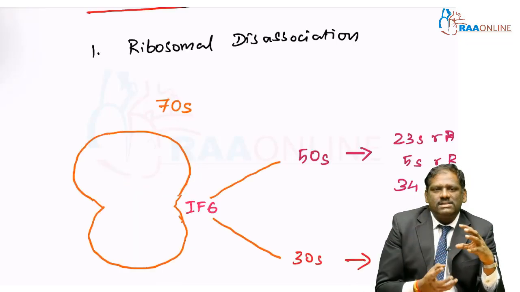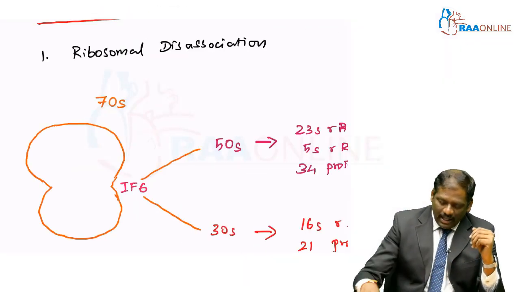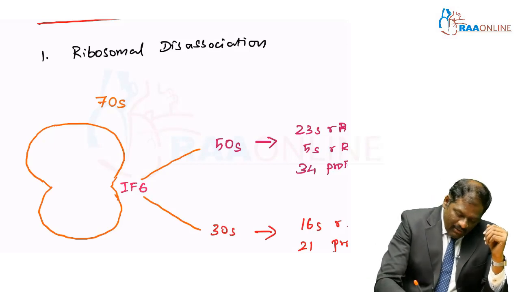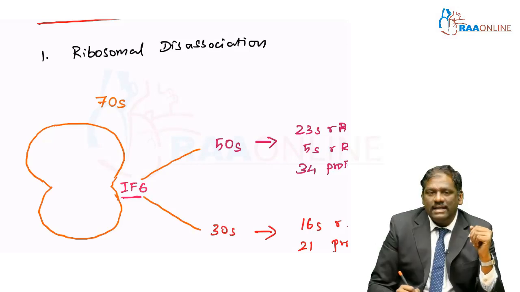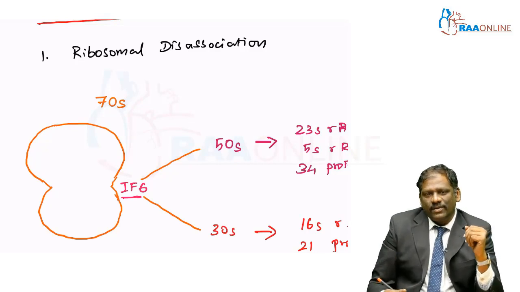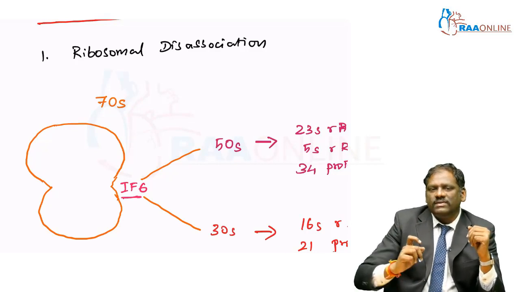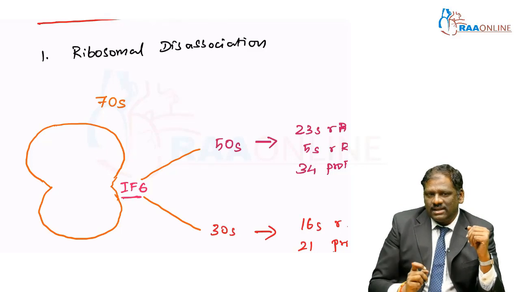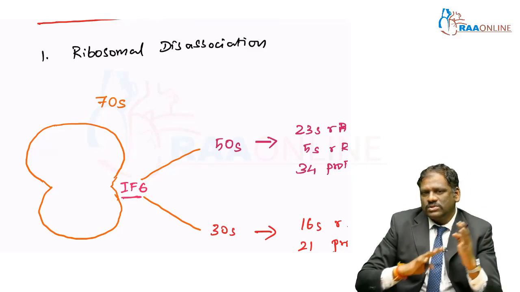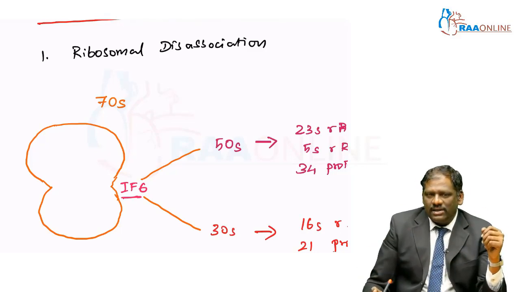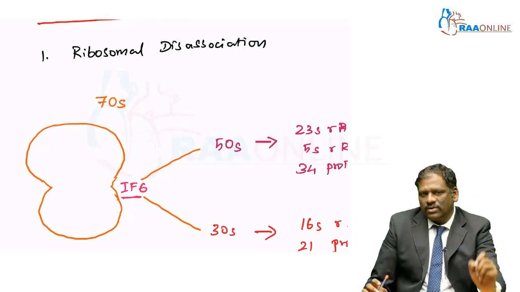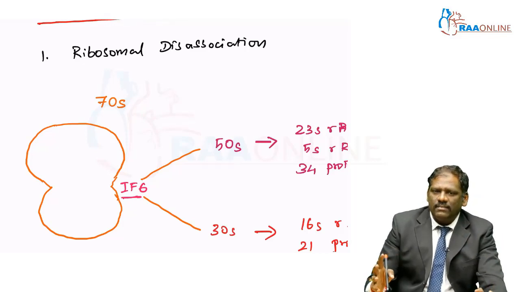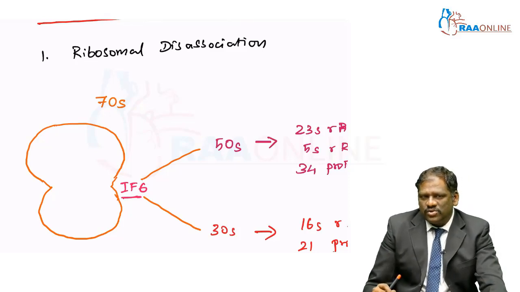Now, this 70S ribosome will be acted upon by a factor called initiation factor 6. This topic has a huge number of numbers and does not follow any concept. Even though it is loosely based on a concept, it does not need to be memorized. Please follow carefully what I say.